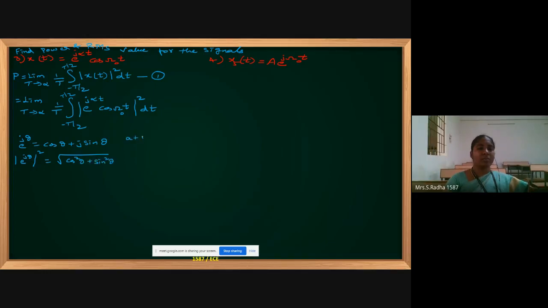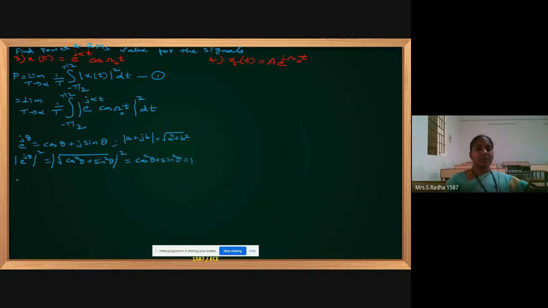So a plus jb modulus is the square root of a square plus b square. The same I am doing here. After the modulus, you are squaring it. So what will happen? Cos square theta plus sin square theta, the value we know, it is 1.